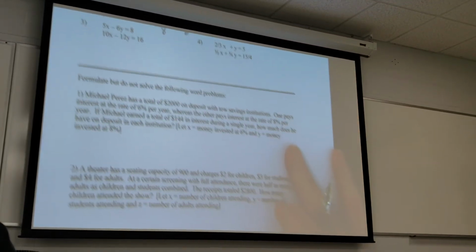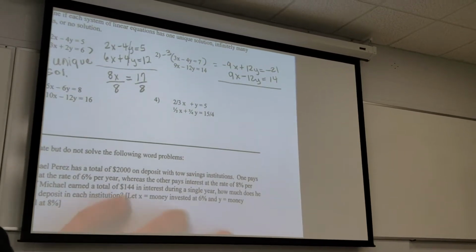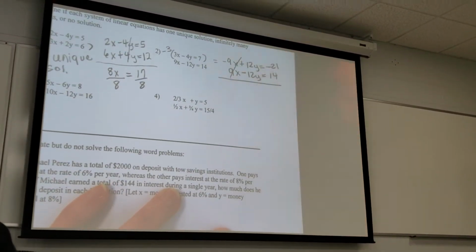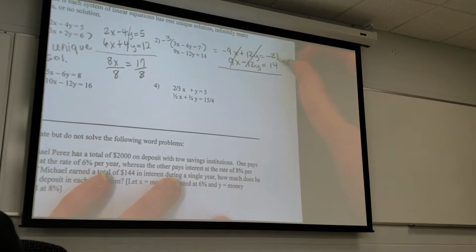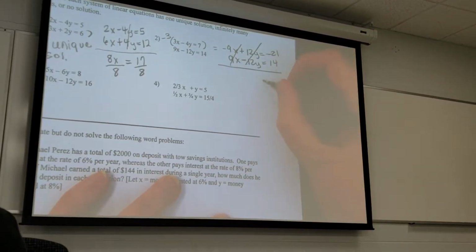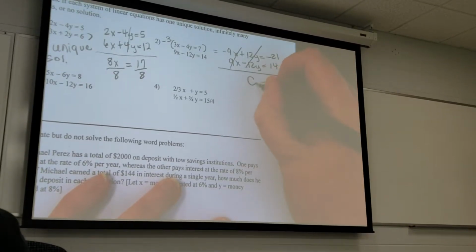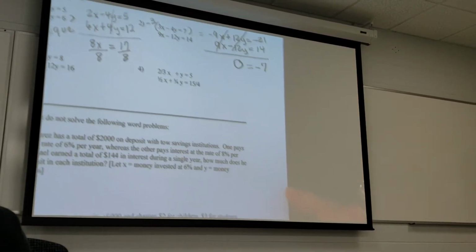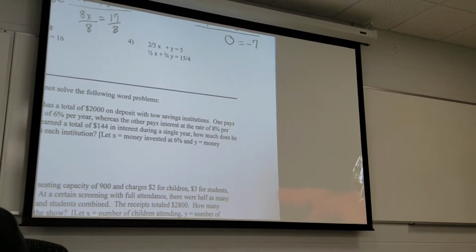All right, so I want my x's to cancel. What happens to my y's? They cancel. Negative 21 plus 14 is negative 7. On the left side is 0. Does 0 equal negative 7?